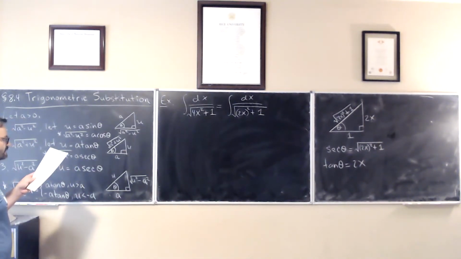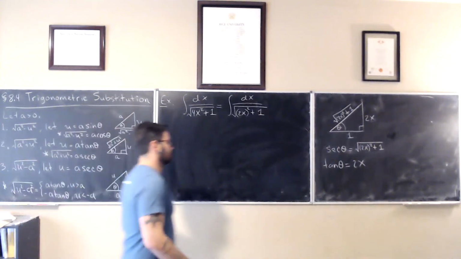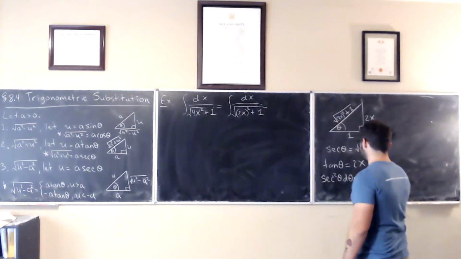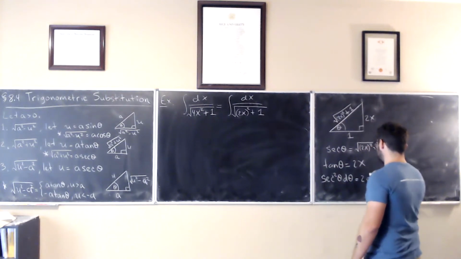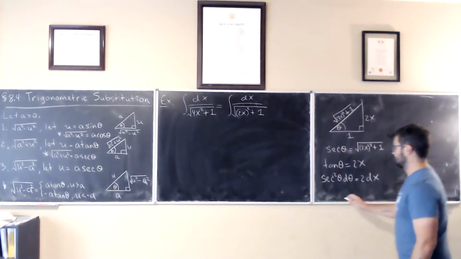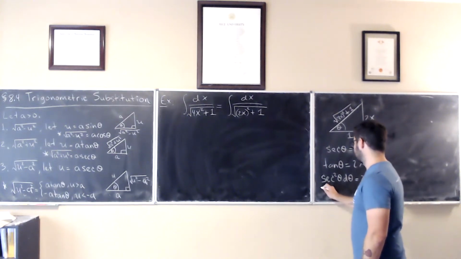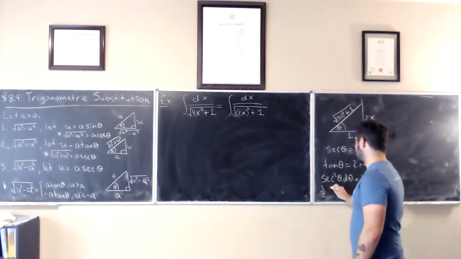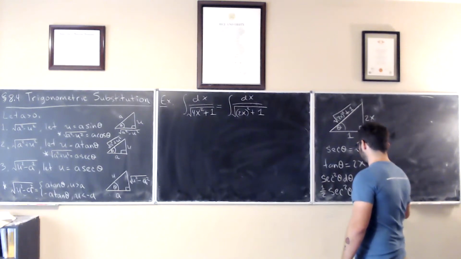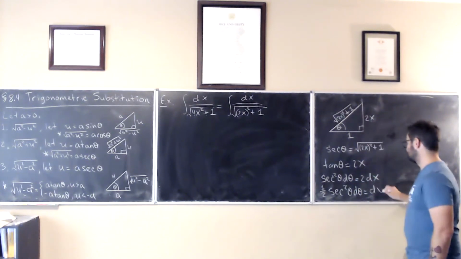Derivative of tangent is secant squared. Okay, so secant squared theta d theta is equal to 2 dx, which means that 1/2 secant squared theta d theta is equal to dx.